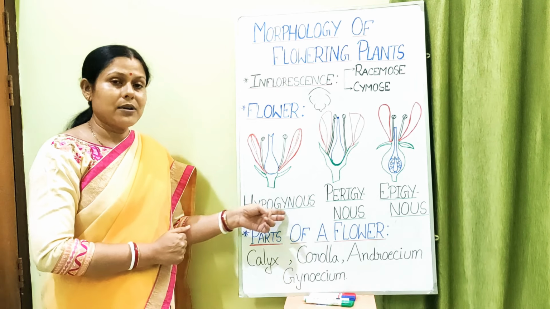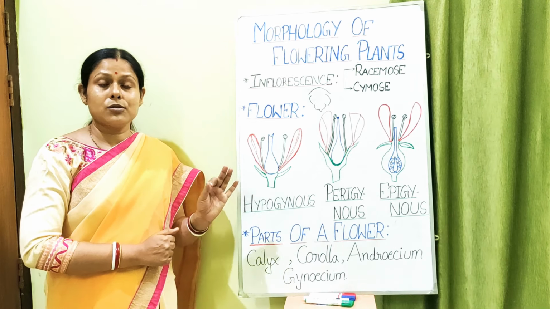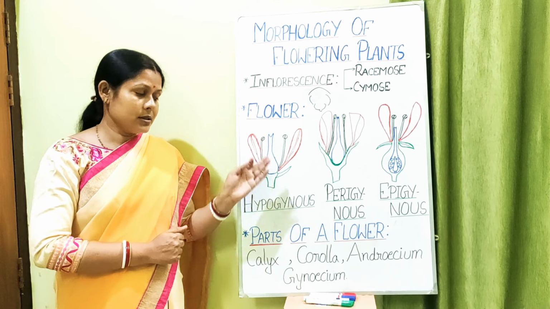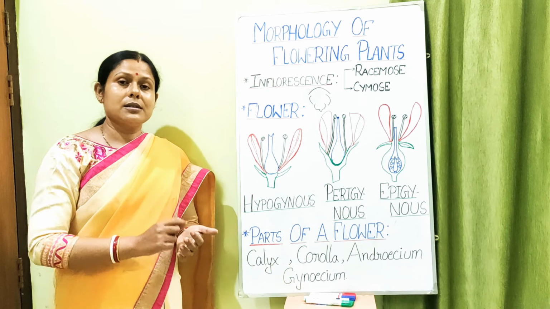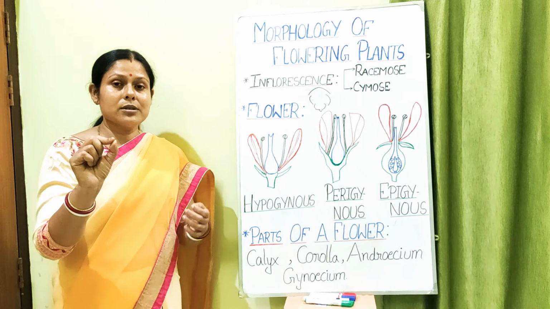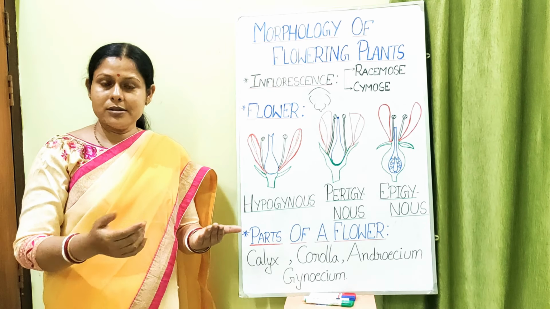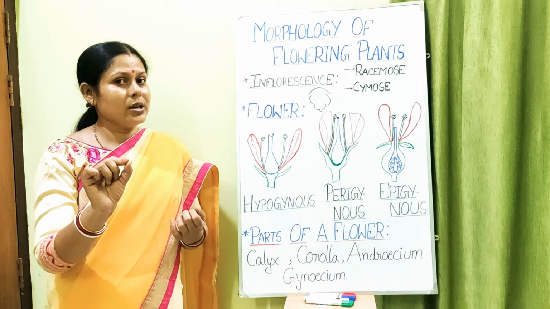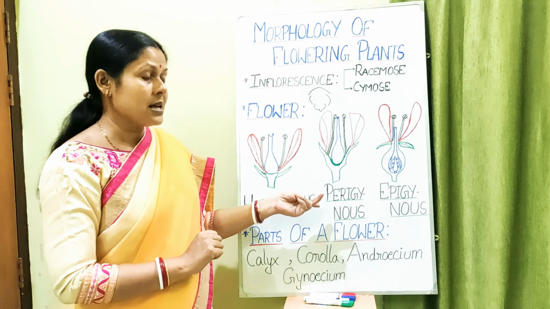When we say a flower is hypogynous, that means a superior ovary, because here the ovary is on top. So we represent capital G and underline it, because we are giving it importance and highlighting it. So in the formula we have to write it like this.